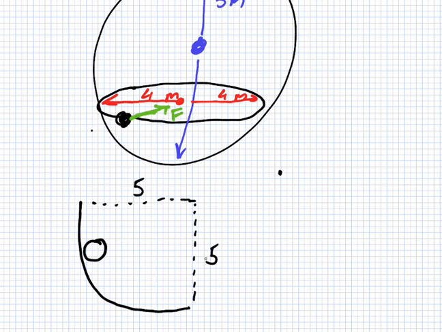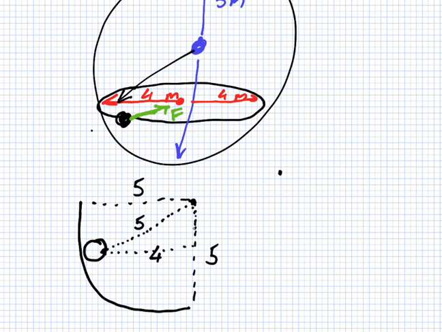This here is 5. This here is 4. How big is this here? 5, it's also the radius.